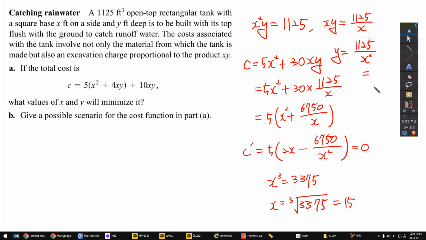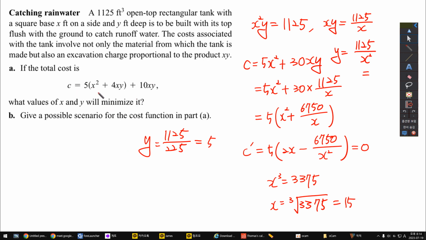So that means y is 1125 divided by 225. That means it's 5. So when x is 15 feet and y is 5 feet, that will make the total cost minimum.